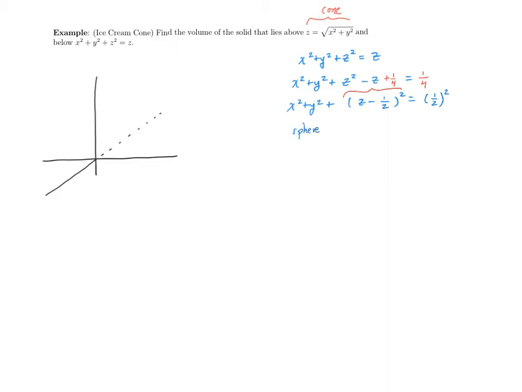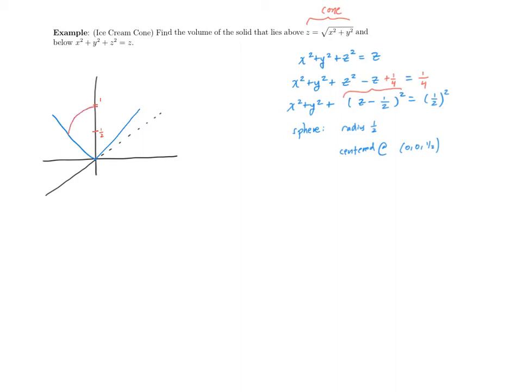We now recognize that we have the equation of a sphere, the radius is 1/2, and it's centered at 0, 0, 1/2. So let's go ahead and sketch this solid. So we're above the cone, and we're simultaneously lying below the sphere centered at 0, 0, 1/2, with radius 1/2.